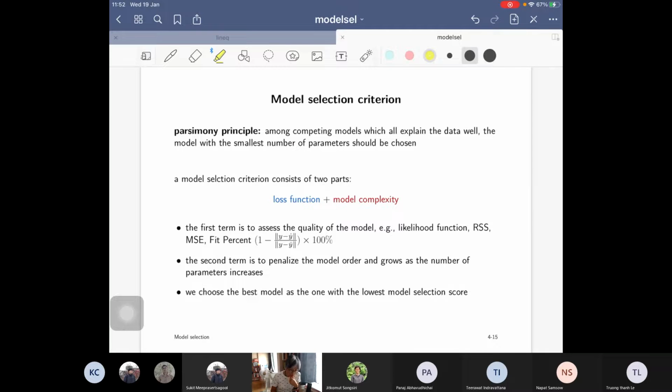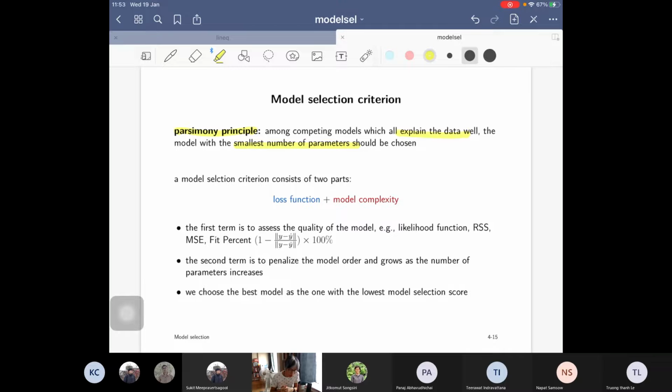Model selection criteria rely on the parsimony principle that says you should pick the model that explains the response well, but with the smallest number of parameters. If you have two models that both explain the response to about the same degree, why not choose the simpler one, right?